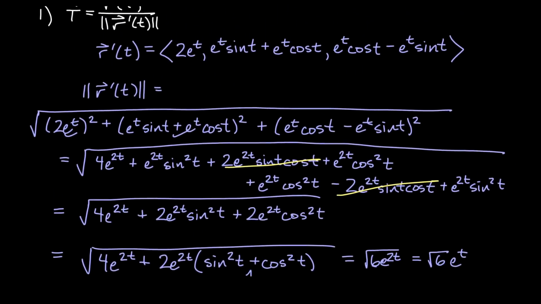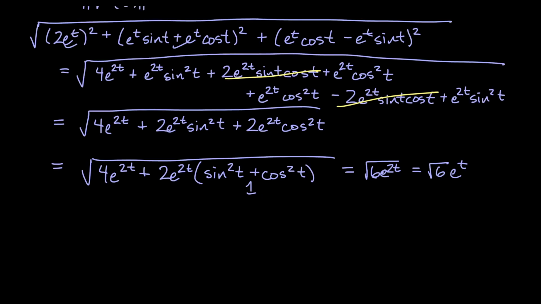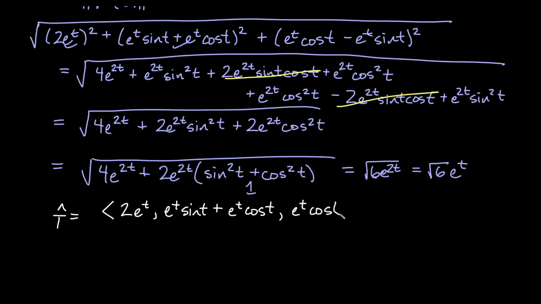Now we'll have to take our r prime and divide it by its magnitude to get our t hat, our unit tangent. So let's do that. All right, so if we scroll down here, our t hat is actually going to be 2e to the t. We had e to the t sine t plus e to the t cosine t. For our second component, our third component was e to the t cosine t minus e to the t sine t.